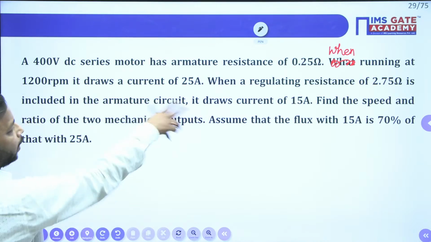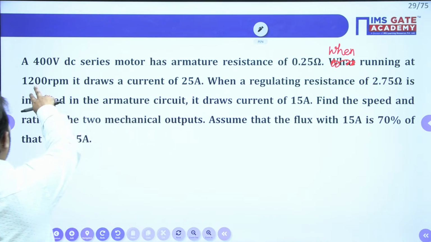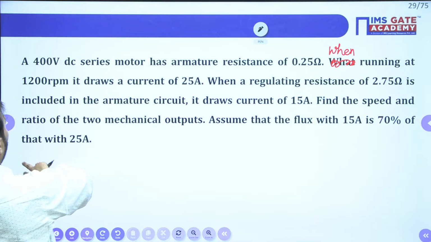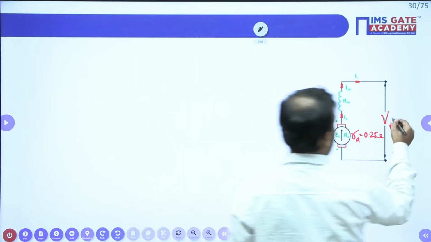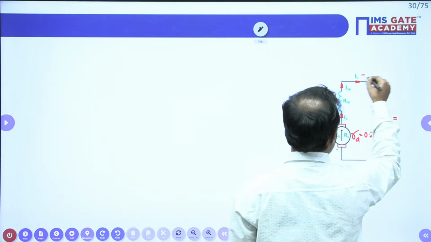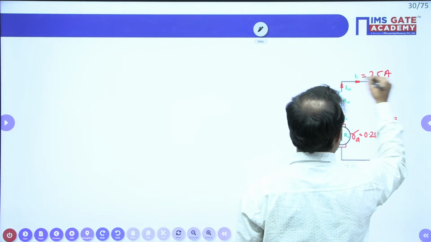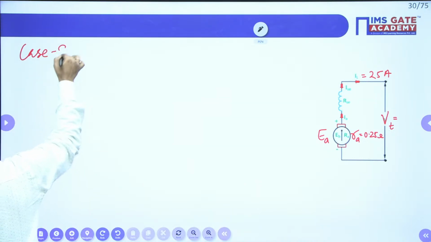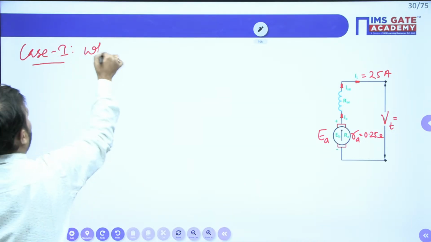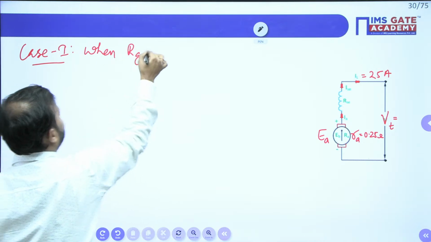All right. So when it is running at 1200 RPM, it draws 25 ampere. So IL is 25 ampere. This is case 1, which means when regulating resistance is not included.